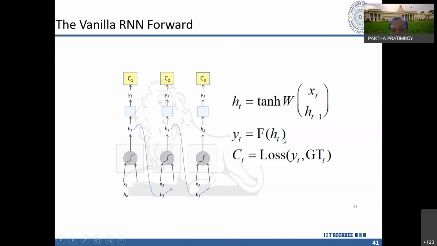Y could be a function of h. If it is a regression, it will just be the actual value. If it's a classification, if the value is more than 0.5, this is class A. If it's less than 0.5, it is class B. So y is the label.